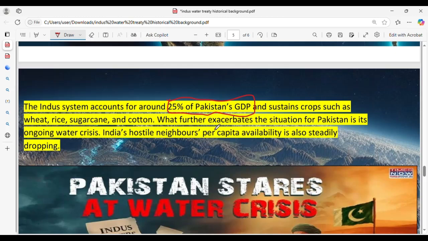What further exaggerates the situation for Pakistan is its ongoing water crisis. There is always a situation of water crisis. There is always a drought in some areas of Pakistan, and if India holds the water, we can simply imagine what the condition would be in future for Pakistan.